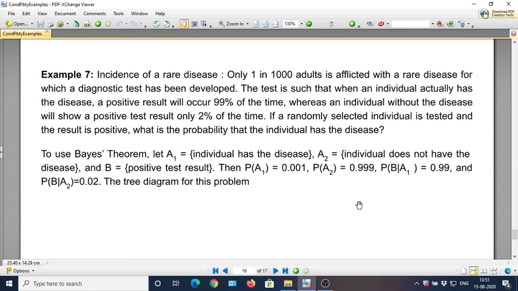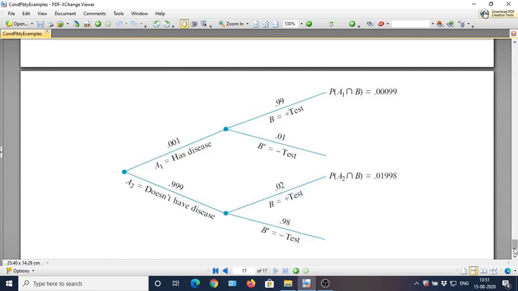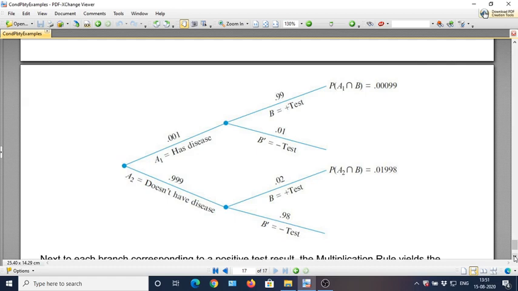With all these, we can construct a tree diagram as follows, wherein we start here and put the event A1 here and A2 here. A1 is the event that the person has the disease, that is 0.001, and does not have the disease is 0.999. Then here we put the second outcomes, the conditional probabilities of what happens when a test is conducted.